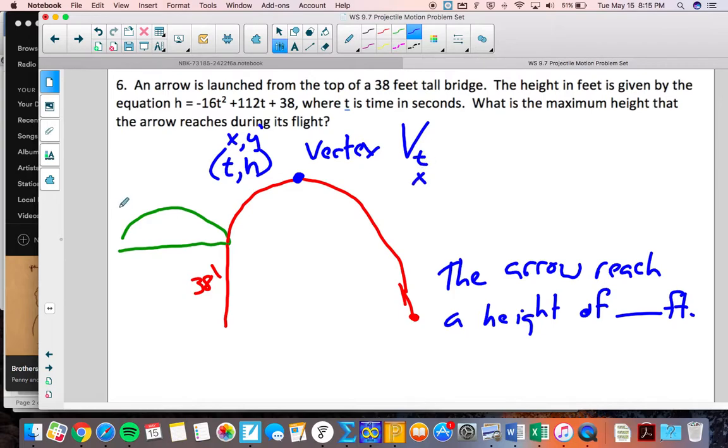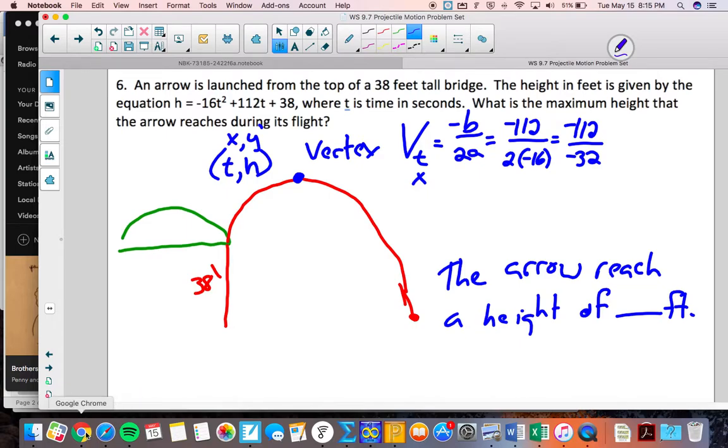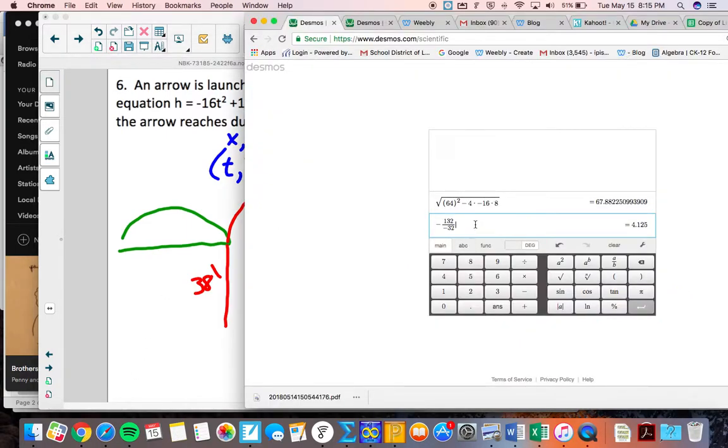We're going to get the independent variable here, which is the opposite of b over 2a. So that would be negative 112 over 2 times negative 16. So let's divide that out. Huh, that's funny.